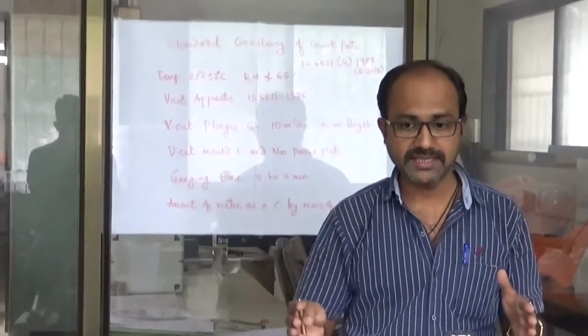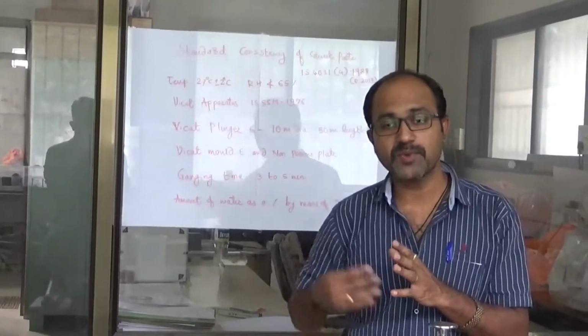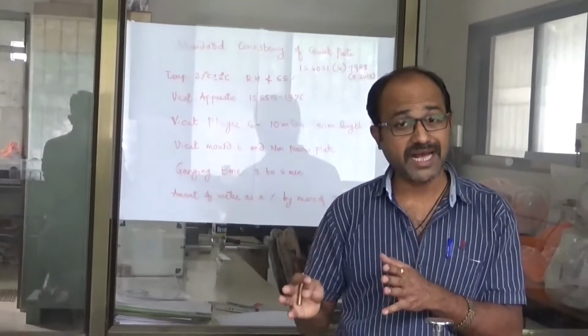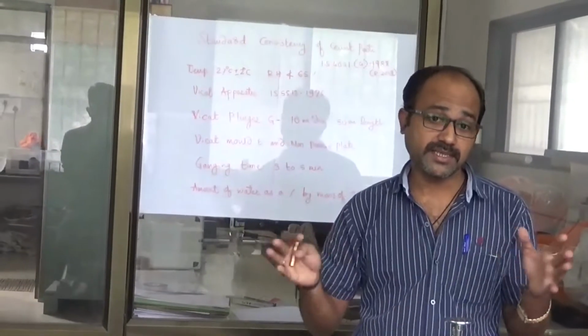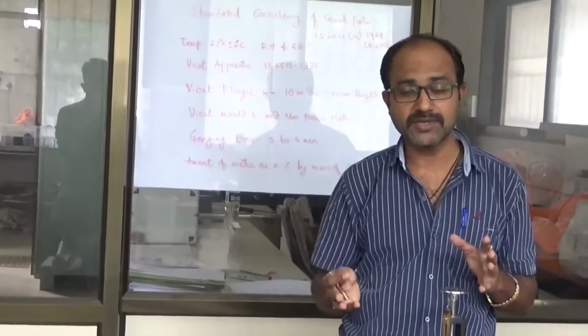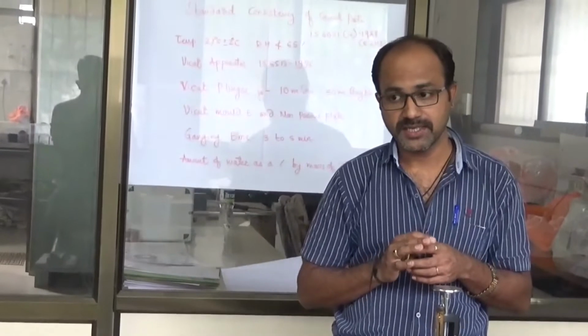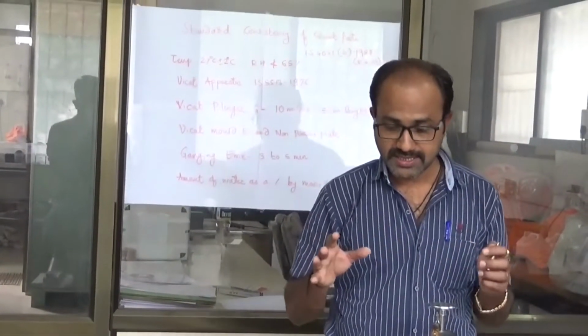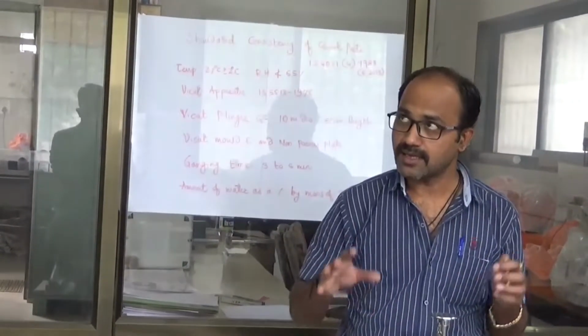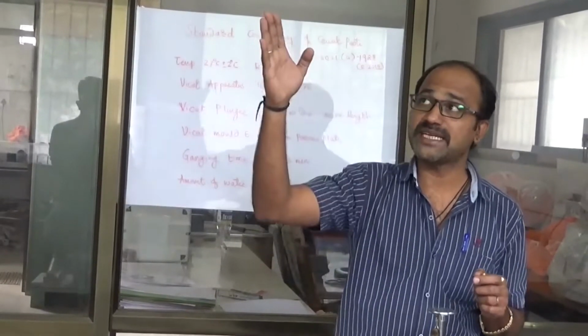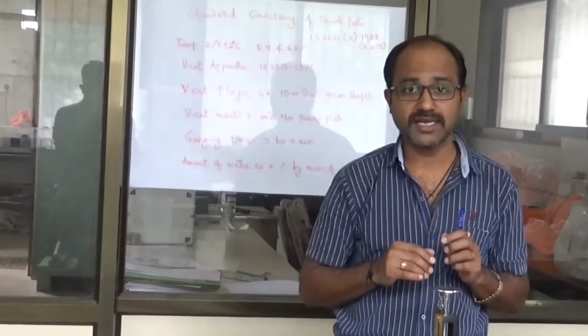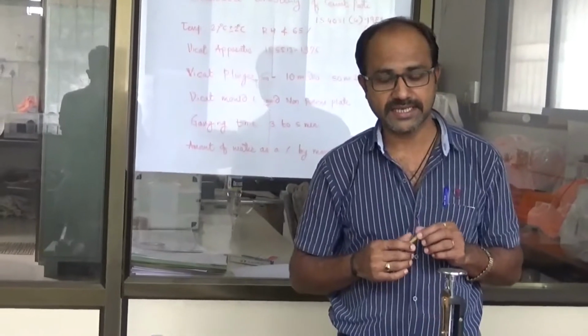So to have a consistent result for a particular type or batch of cement, the temperature and relative humidity conditions should be maintained. For this consistency test, we are maintaining the temperature with the help of an air conditioner at 27 degrees centigrade.